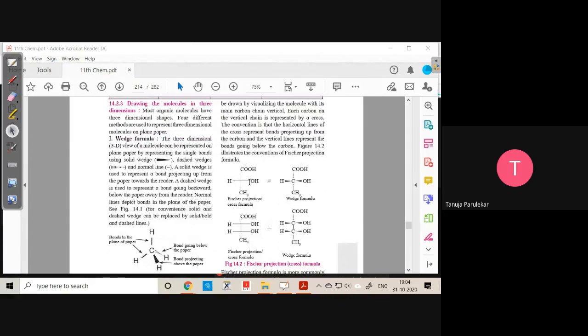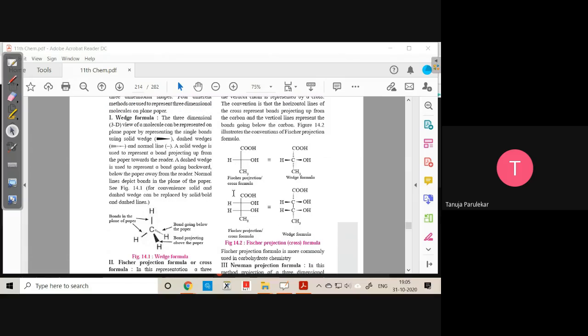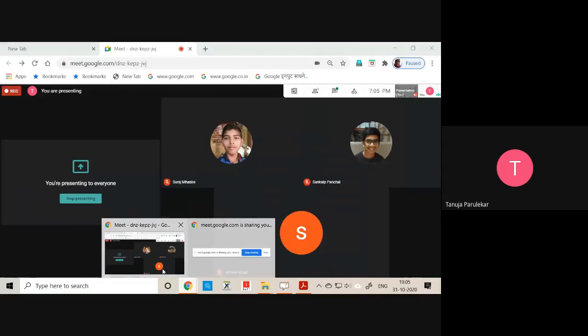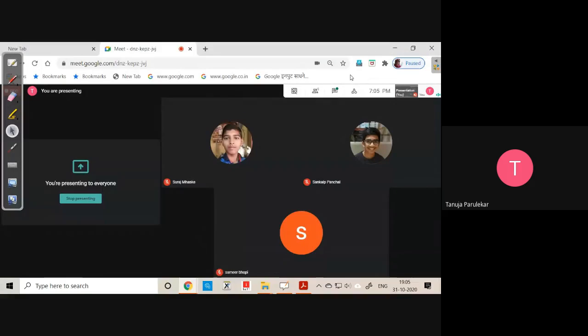Fisher projection formula tells you about a chiral compound where the carbon is having four different groups. The vertical lines represent bonds which are behind, the horizontal lines represent the bonds which are coming towards us. एवढं आठवतंय सगळ्यांना? Is it clear? Do you all remember this?